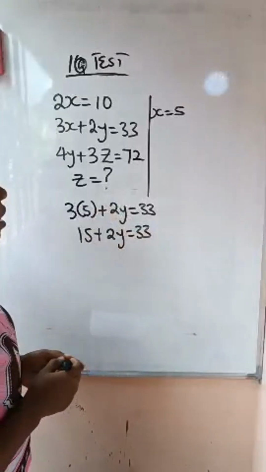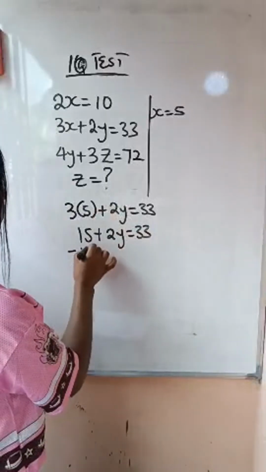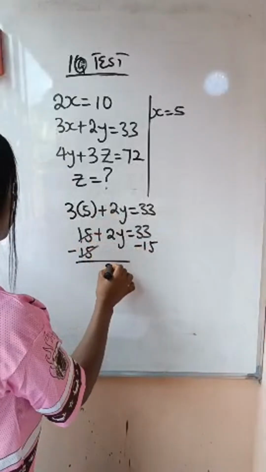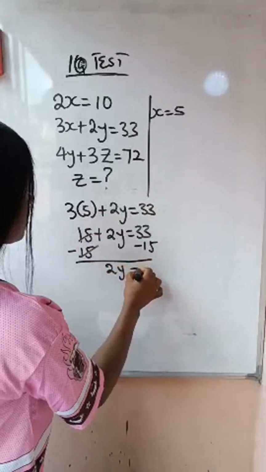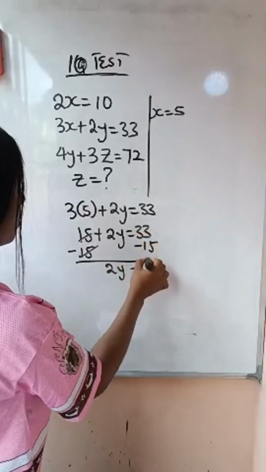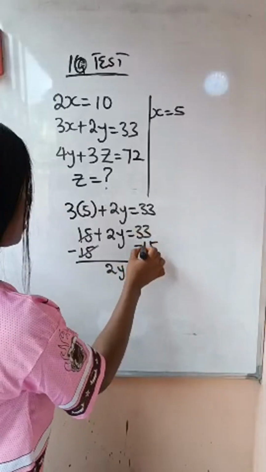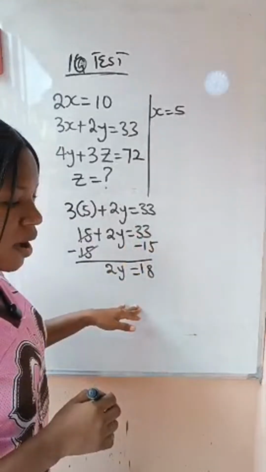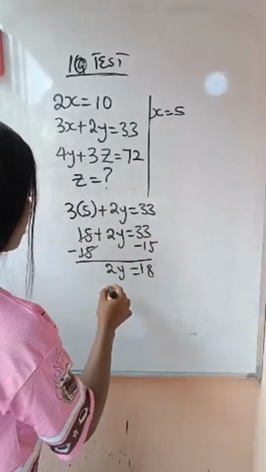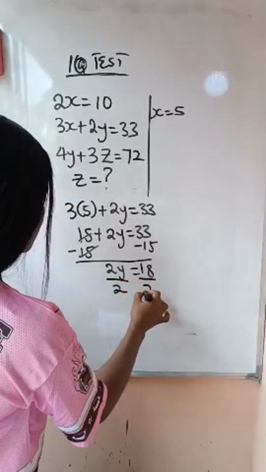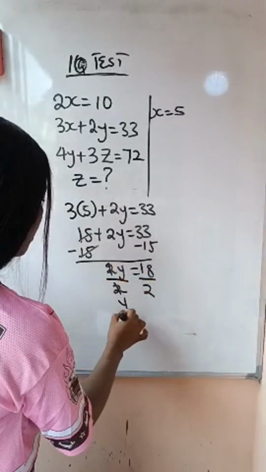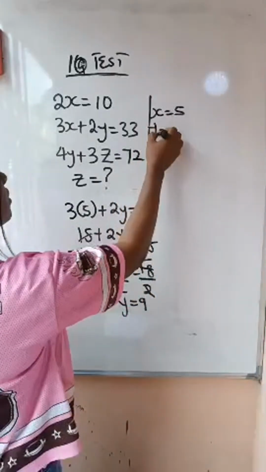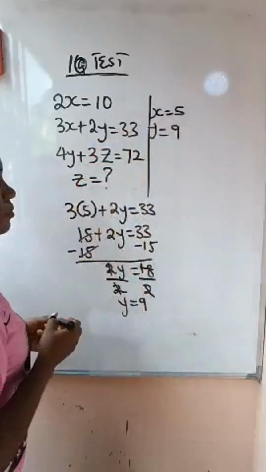So we subtract 15 from both sides and we will have 2y is equal to 18. To get the value of y is very easy from here. We divide this side by 2 and this side by 2, and we have that y is equal to 9. So that is how you get the value of y as 9.